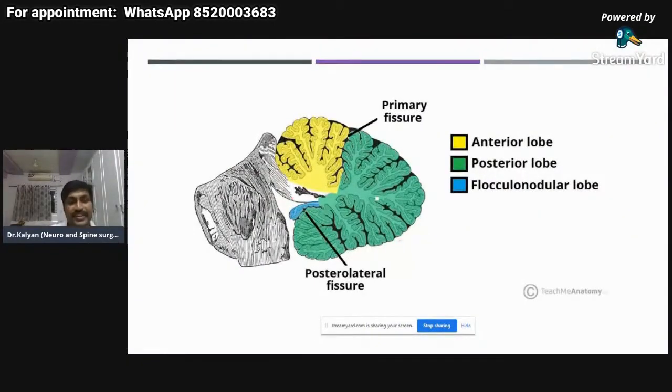We'll see the same structure in the sagittal cut, in the midline. This is a sagittal cut through the brainstem and the cerebellum.